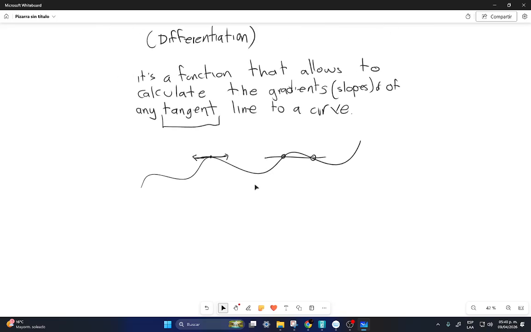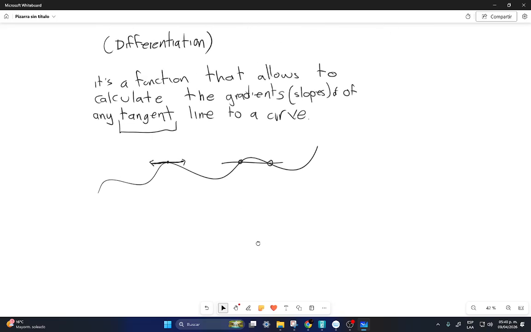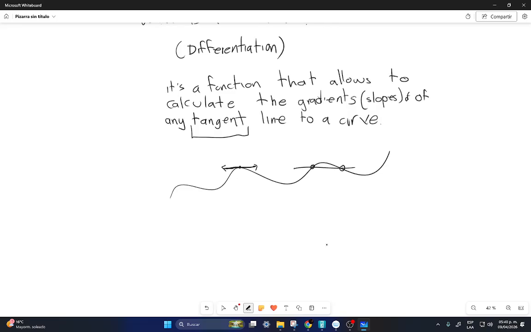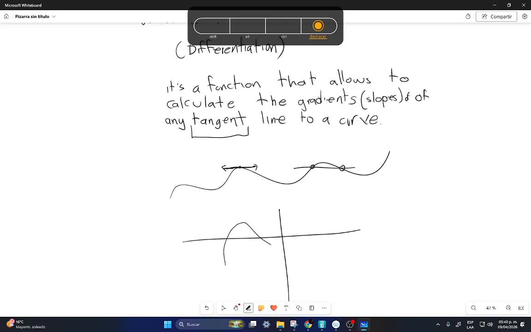So if we are in a mathematical context of functions, we have a function, let's say that I draw this curve. Well, that curve doesn't look like a curve.